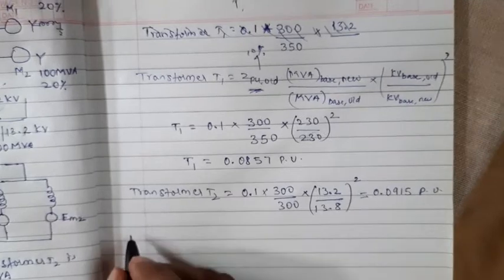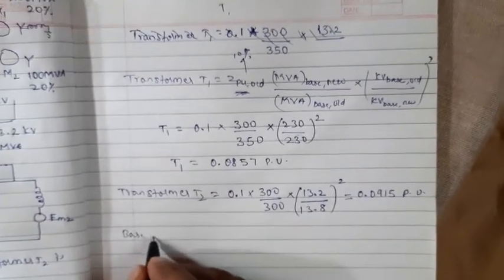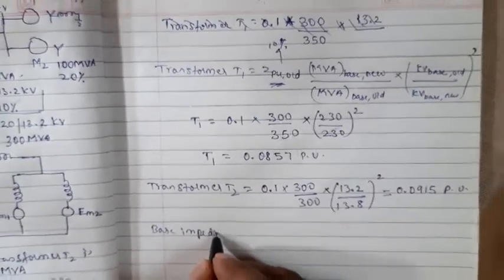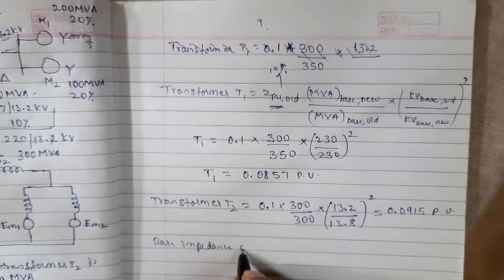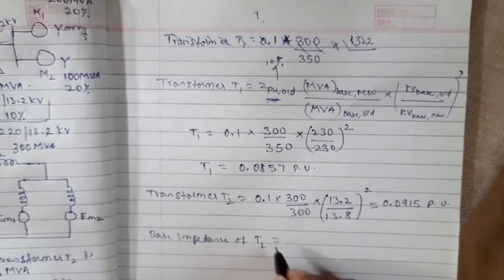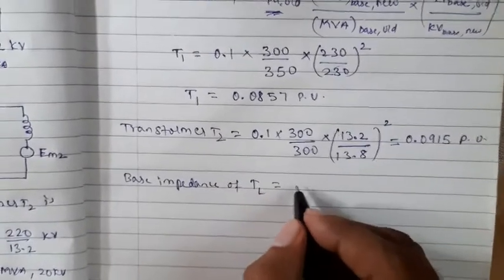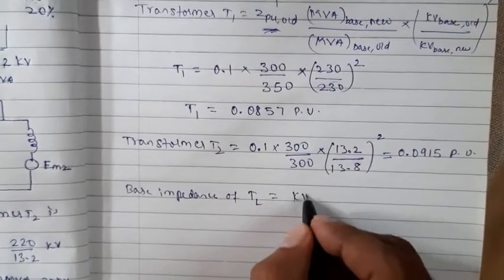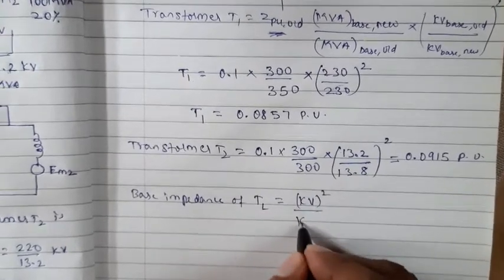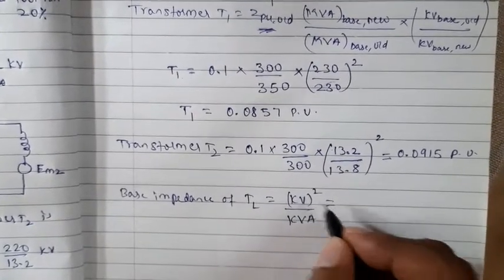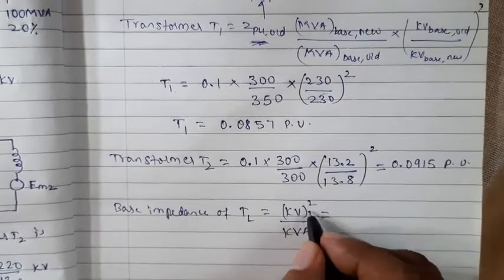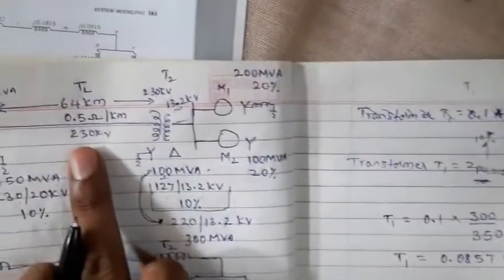So the base impedance of the transmission line is, we know the formula, kV square upon MVA.